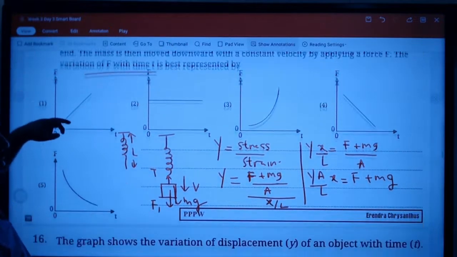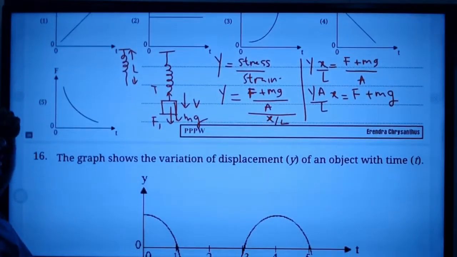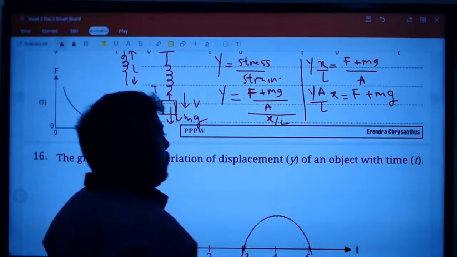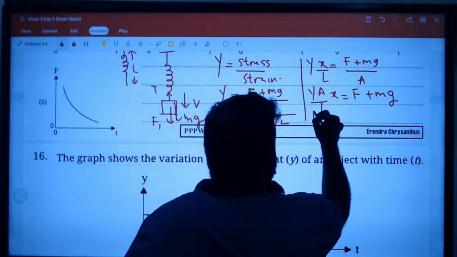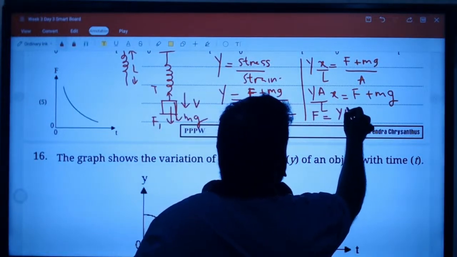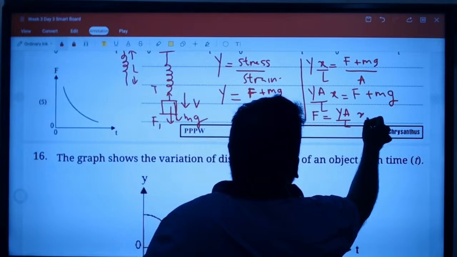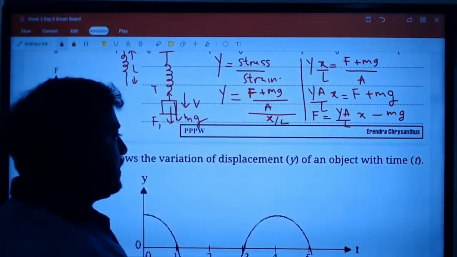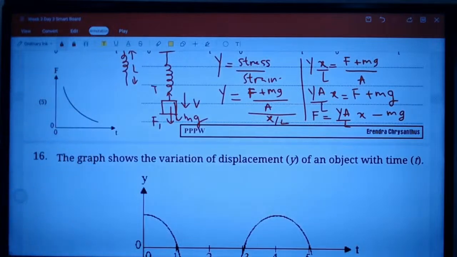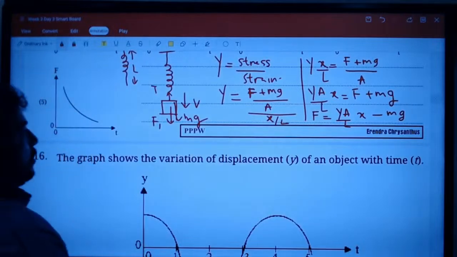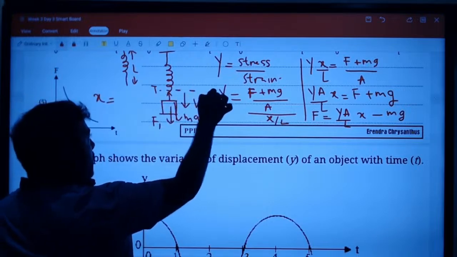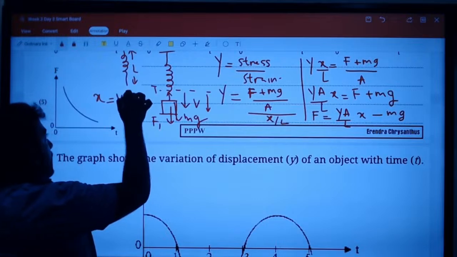Carefully rearrange this. Now F is equal to Young's modulus A over L times x, minus mg. They are telling you it's going down with constant speed. X is your distance moved, v times t.